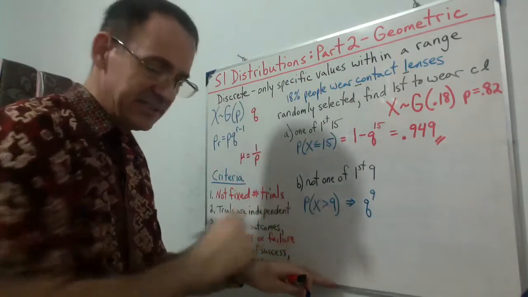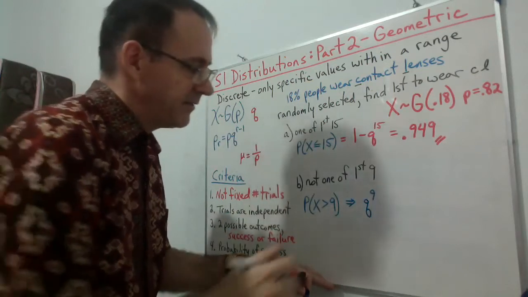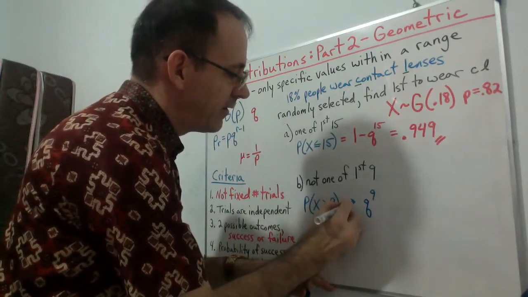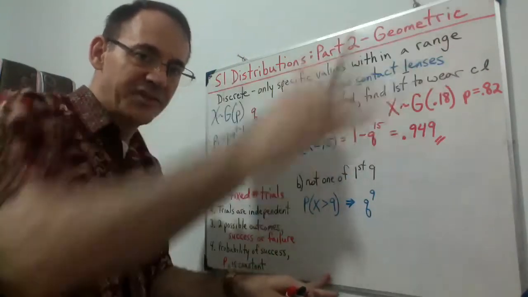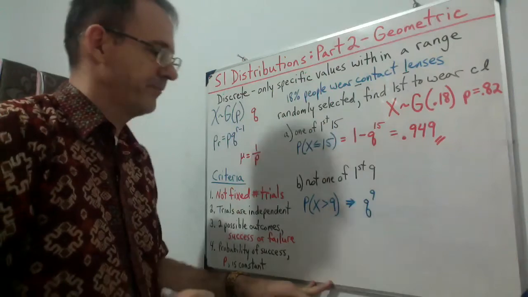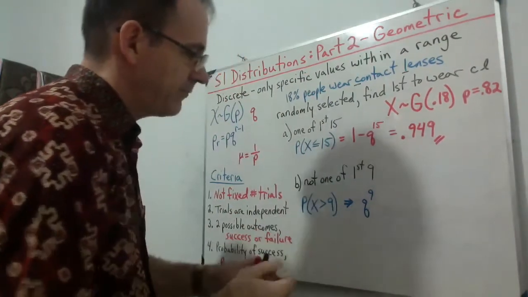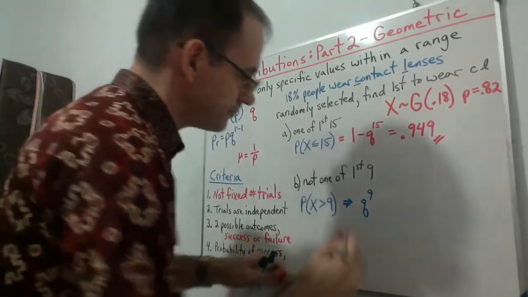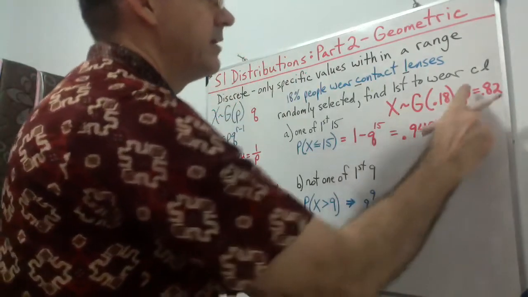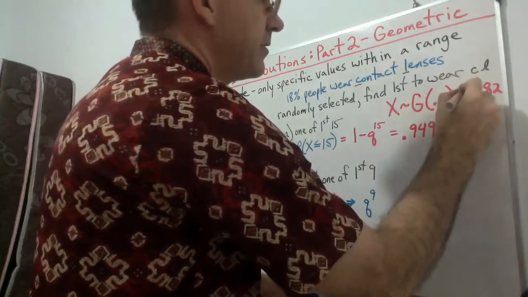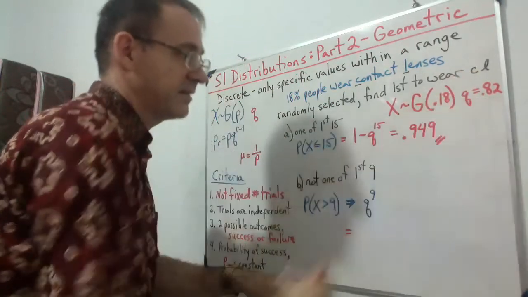If there's not a success in the first 9, that means we have to fail 9 times, and the success can be anywhere after that. So really all we have to do here is fail. Why did I put a P here? Sorry, that was supposed to be our Q. This is the P, that's the Q.